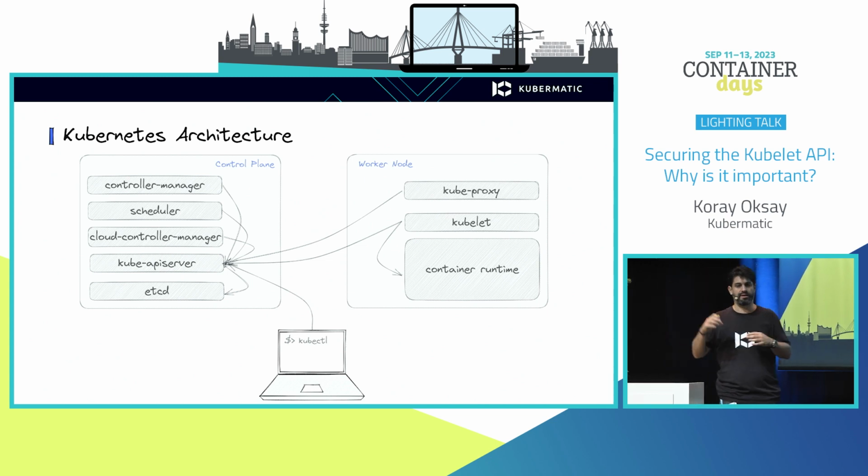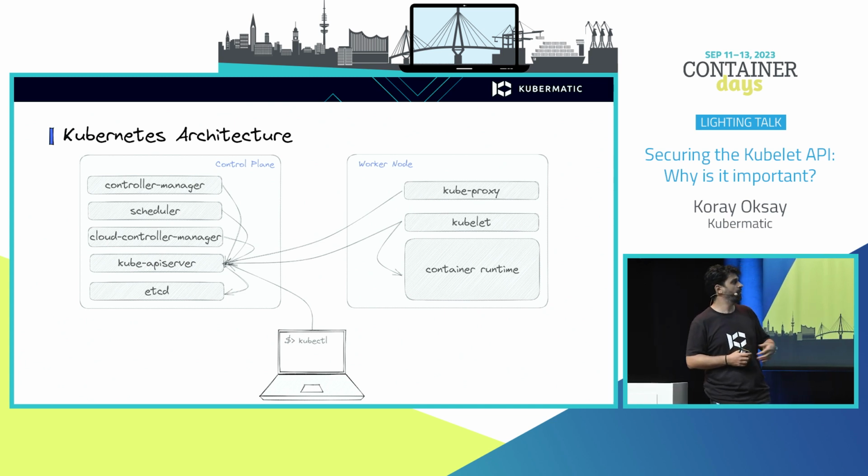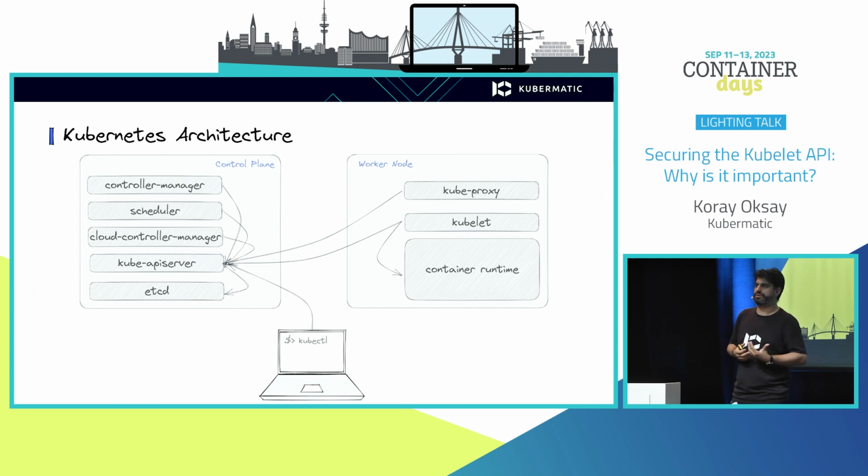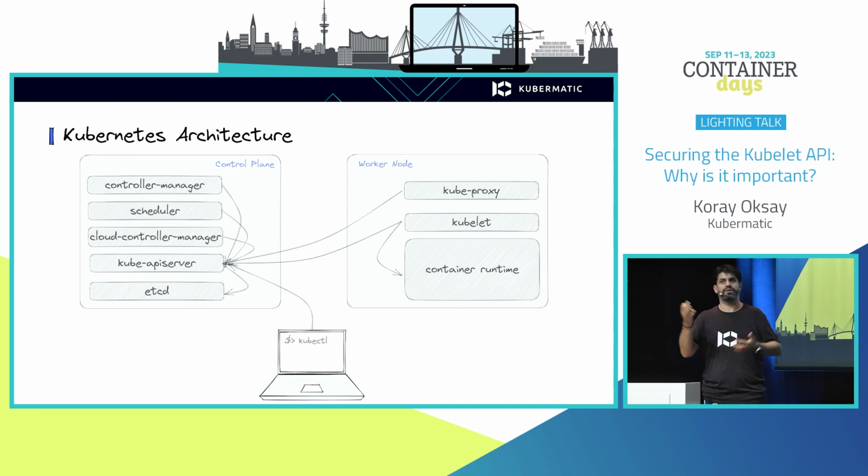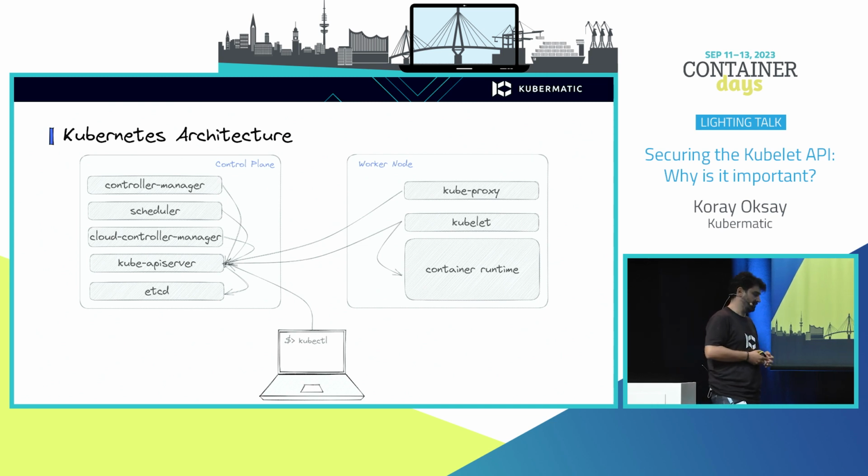All the communication within the cluster goes through Kube API server. Also, when you run kubectl commands, you communicate with Kube API server, which diverts you to the related place.